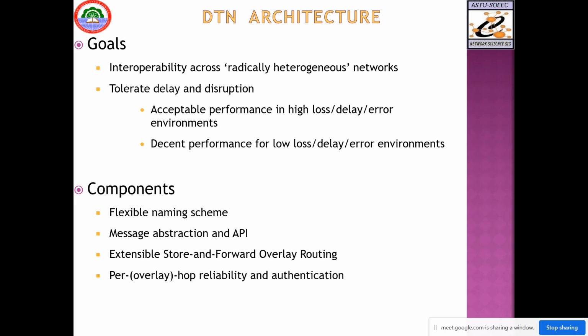So usually these DTN networks, as we discussed now, have a lack of an end-to-end communication path. At the same time, the latency is very high in the case of DTN networks.